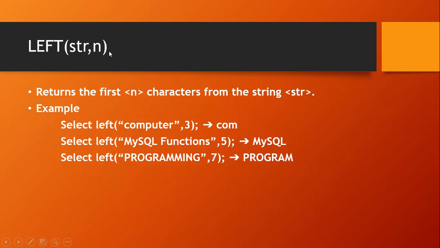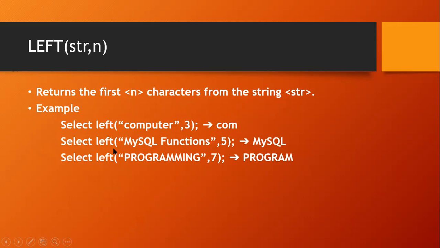LEFT means it will return the first n characters from the left side of the string. For example, SELECT LEFT('computer', 3). From the left side of this string, it will return the first 3 characters, 1, 2, 3, and your output will be com.